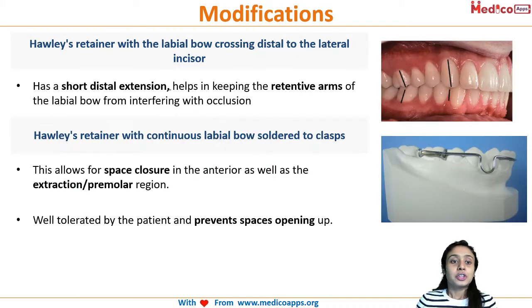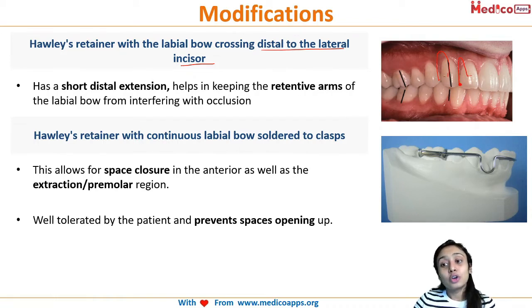The next modification is Hawley's retainer with the labial bow crossing distal to the lateral incisor. So ideally our labial bow should cross here, okay. But in this modification, our labial bow will cross distal to your lateral incisor. Now why is this?